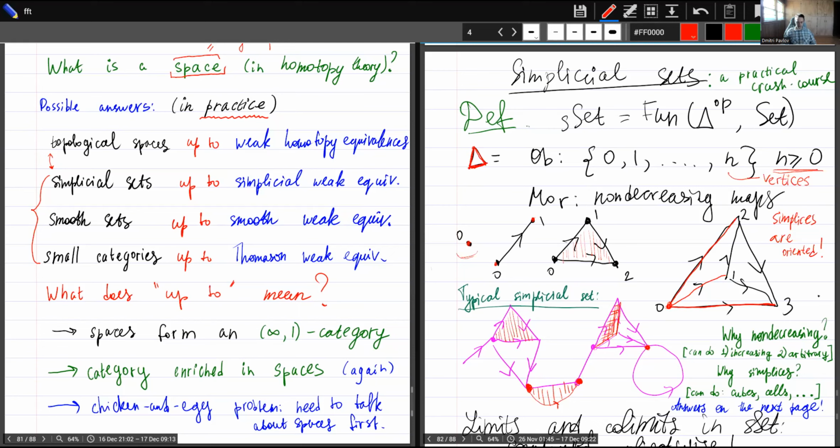And as you might know from linear algebra, an orientation of an n-dimensional vector space can be presented as an equivalence class of bases. If you have 2 bases, you can declare them to be equivalent if one basis can be deformed into another basis.